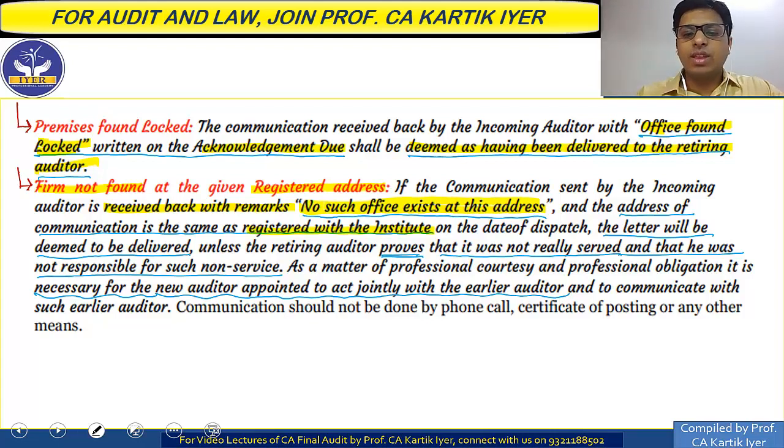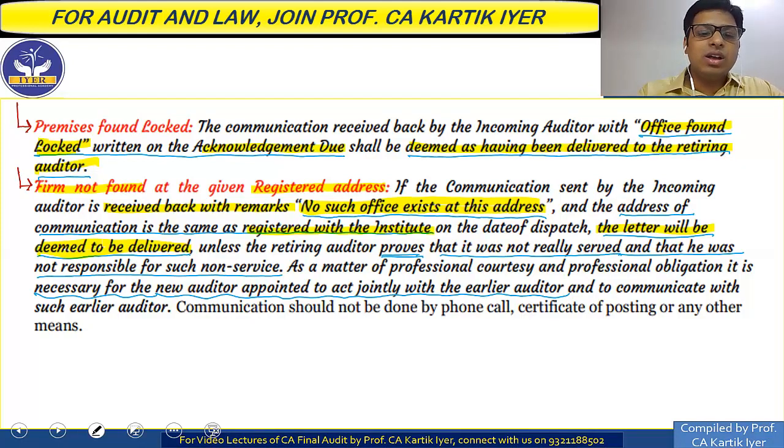Then of course, on the date of the dispatch, the letter will be deemed to be delivered. But what if the new auditor who has come in just faked it? He just asked someone to go and deliver, and then a reply came that no such office exists, and he just told ICAI we tried to deliver, but there was no such office existing at that address. So basically, it is deemed that the reply is given.